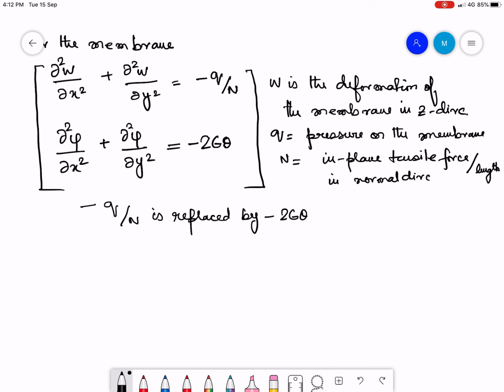So, we see the analogy between these two expressions, as well as W is equal to 0 on the boundary because it is supported on the boundary, and phi is also equal to 0 on the boundary.